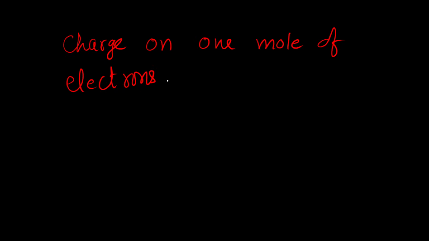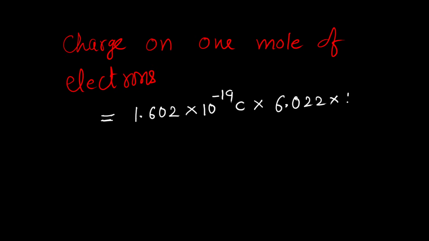The charge on 1 electron is 1.602 × 10^-19 coulomb. Now for 1 mole, it is 6.022 × 10^23 per mole.